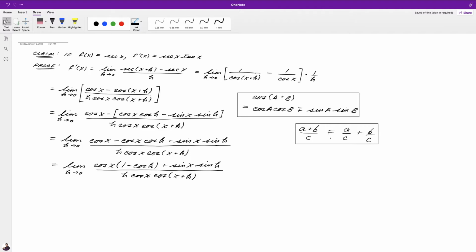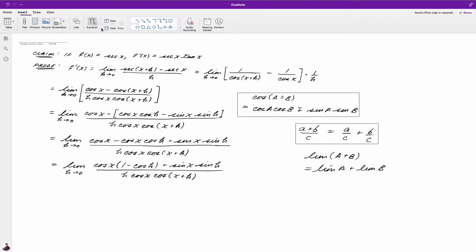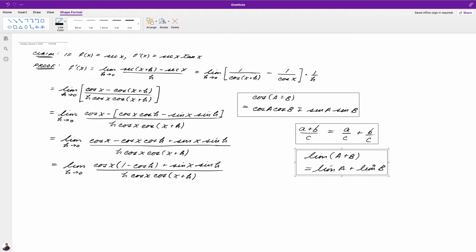But that's not for this video. But I am going to use it here. I'm also going to use the following limit property. The limit of a sum is the same thing as the sum of limits. Which is fairly evident why that would be.